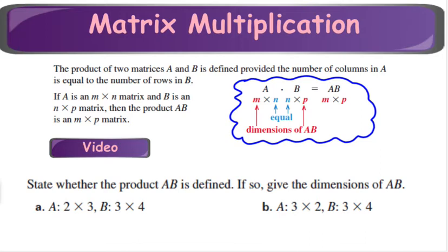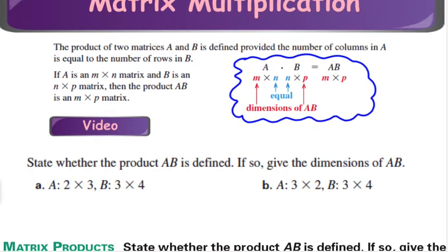So in order for two matrices to multiply together, you have to pay particular attention to their dimensions. In order for you to multiply two matrices together, so we have matrix A and matrix B, and these are their dimensions, m times n. So m and n are just some numbers, and n and p are some numbers.